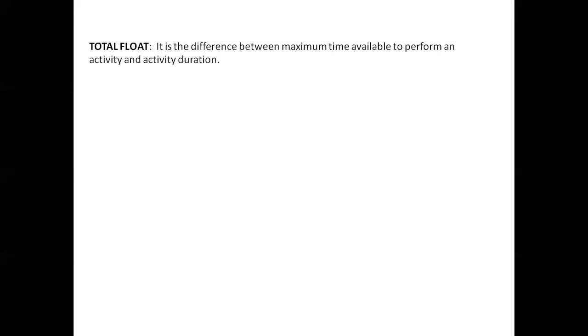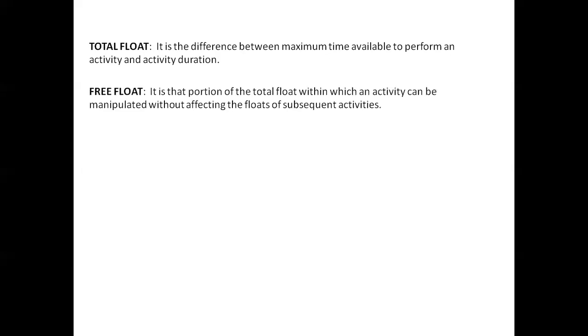Then the second float is free float. It is that portion of the total float within which an activity can be manipulated without affecting the floats of the subsequent activities.